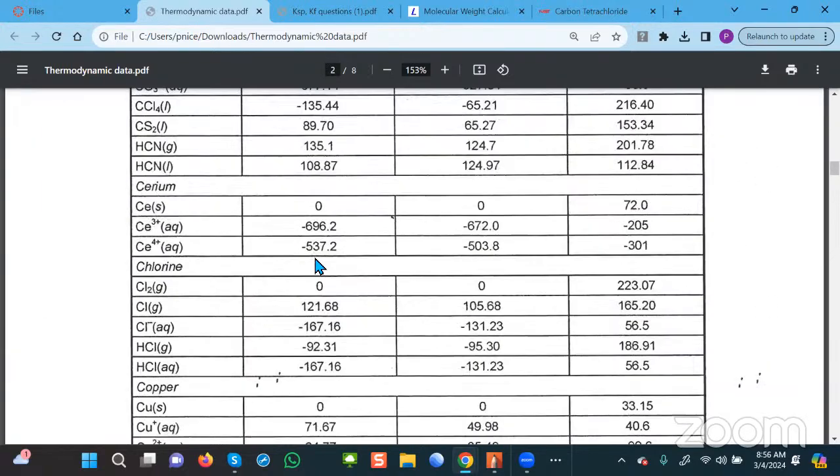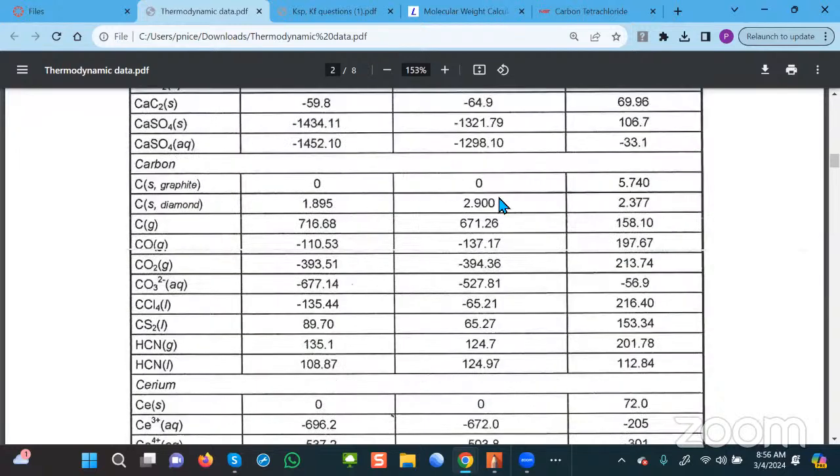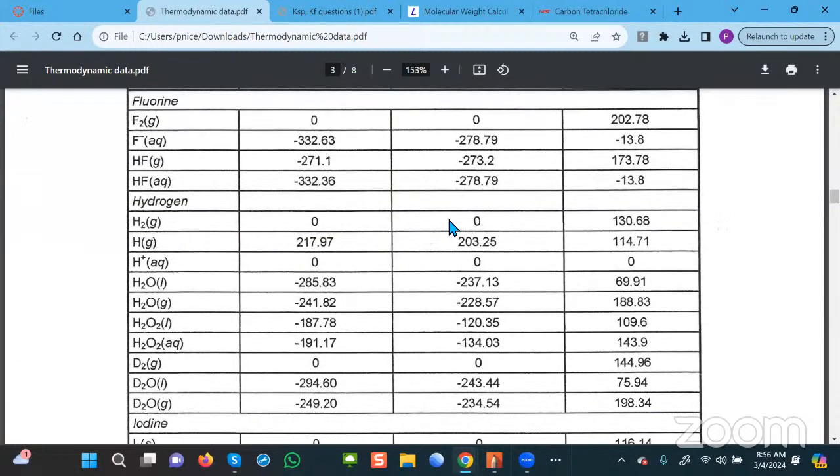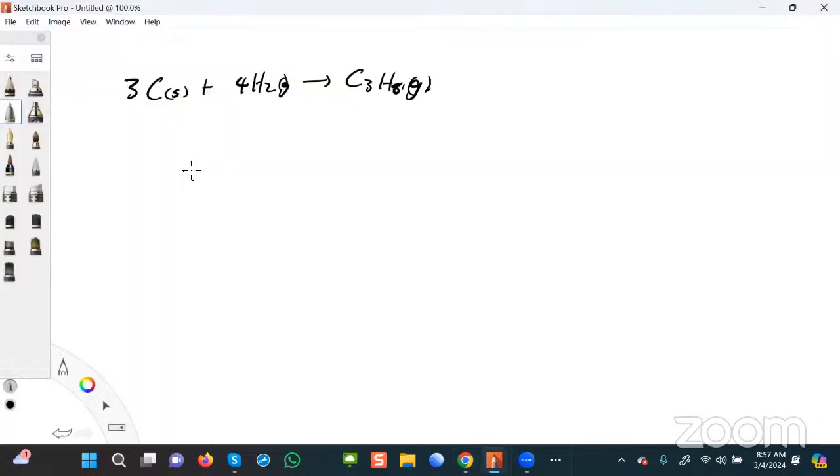Yeah, you're probably right, but I like to verify that. Yes, you're right. 5.740. And for hydrogen, H2, 130.68 joules per mole Kelvin. So now we can get down to the actual math.